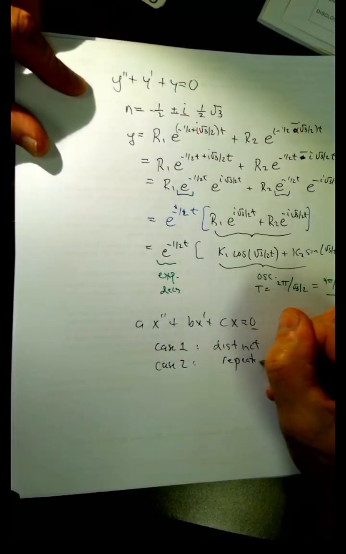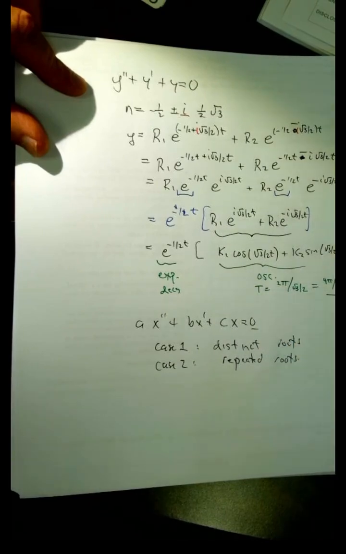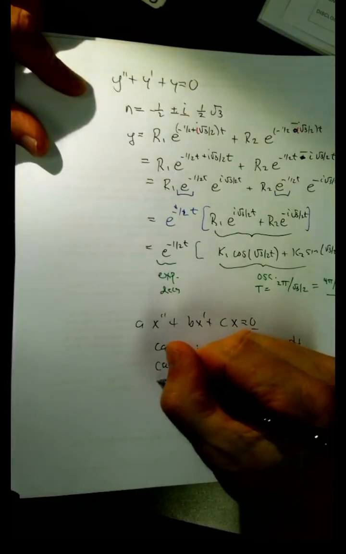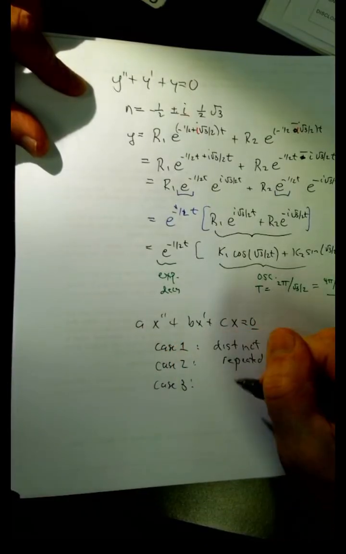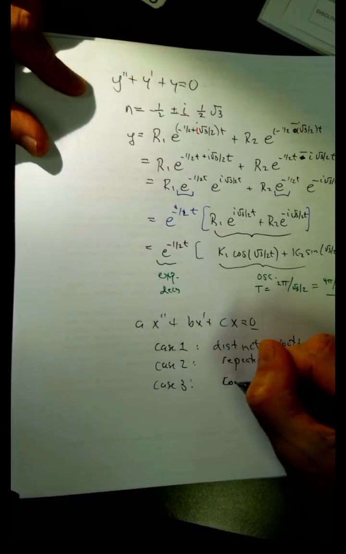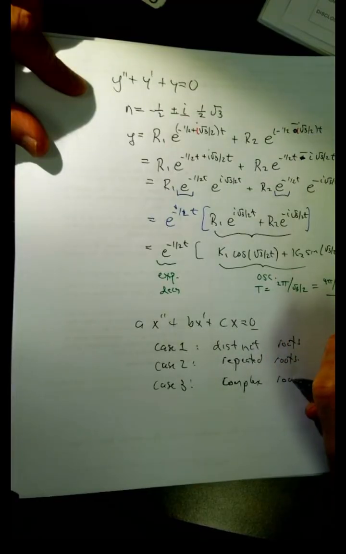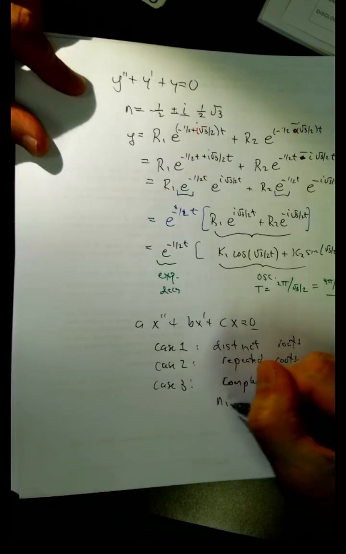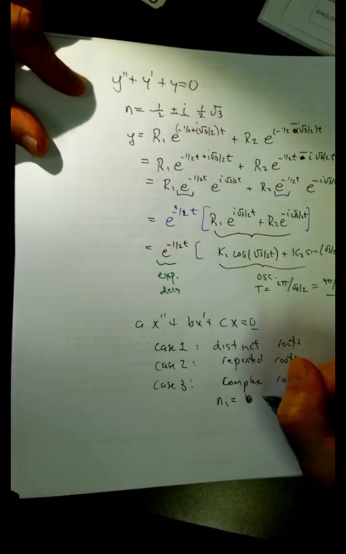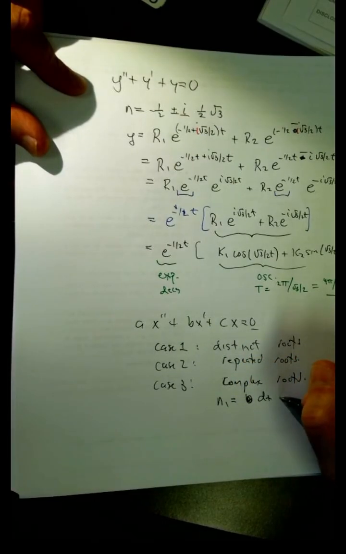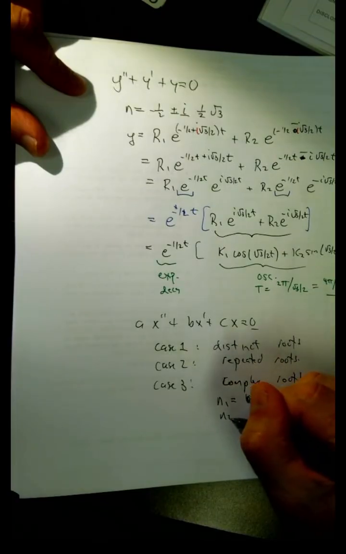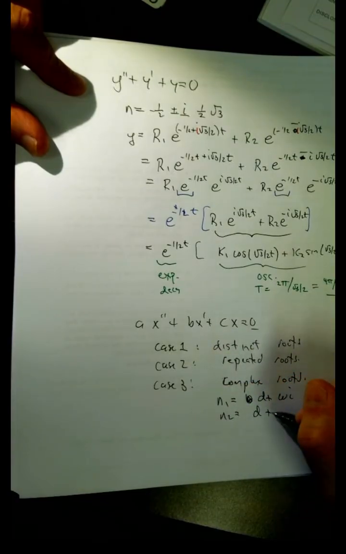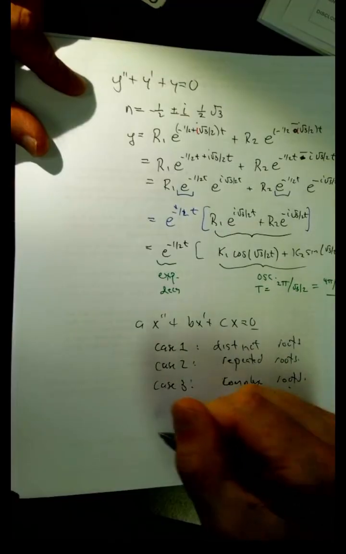We can have the case of repeated roots, and now you know you take the one and then take the second, multiply by t. And we now have complex roots. So we can deal with all three cases now. So we had r1 is d plus omega i, and r2 is d minus omega i.